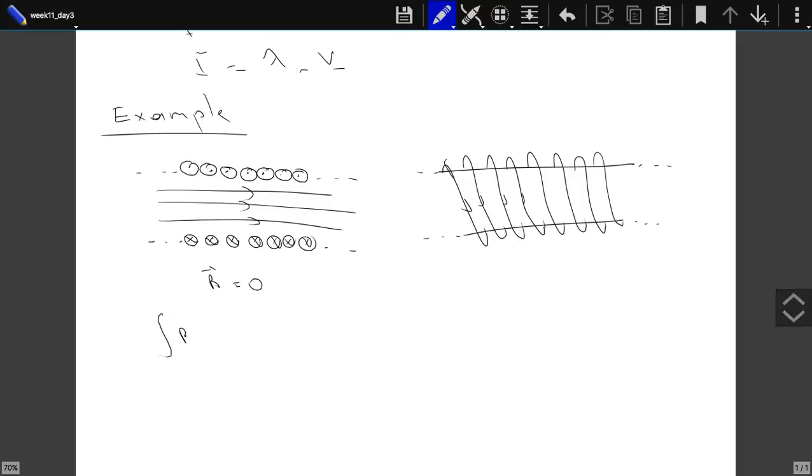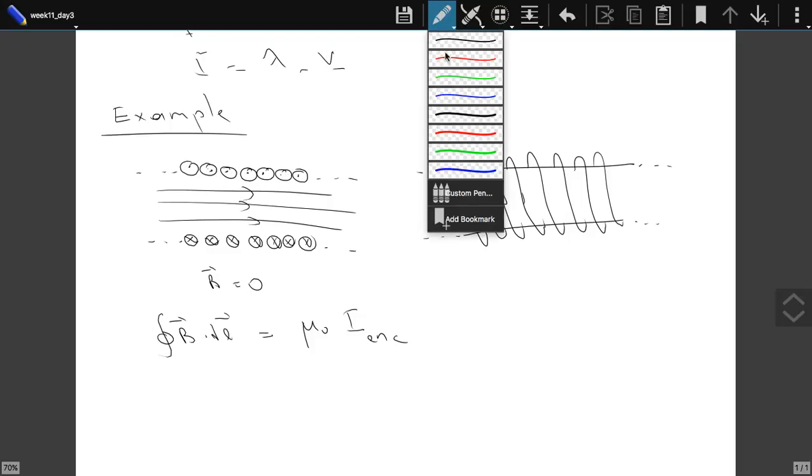We can use Ampere's law, the integral of B dot dl over any closed loop. This should be equal to mu0 times the total enclosed current in the wire. And then we said, okay, B is 0 outside, B is horizontal inside.